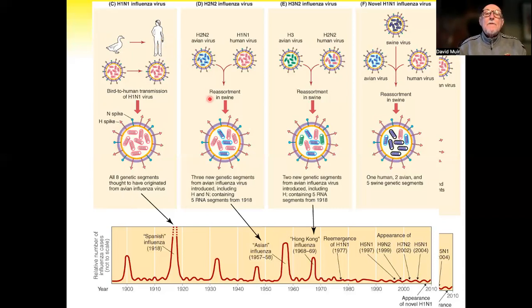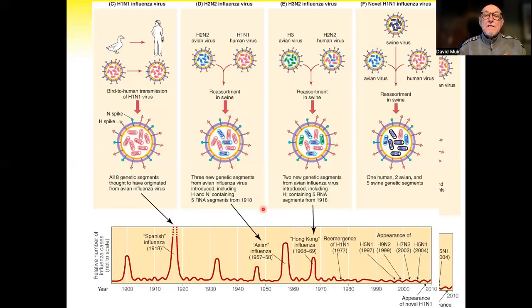Here is another one. This is H2N2 virus, and it's actually a reassortment of an avian virus, a bird flu, and a human virus, an H1N1 human virus, in pigs.